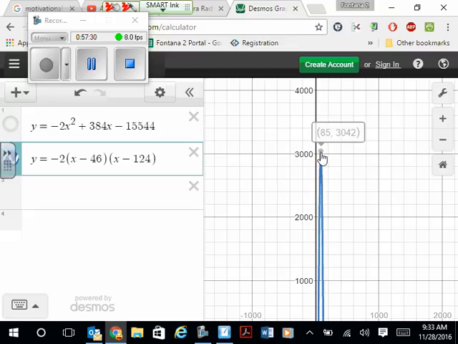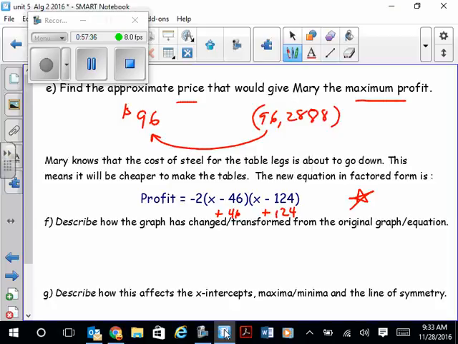So the X-intercepts are a smaller number. They probably should have put this one down so we can write down the X-intercepts first. What was the maximum? Was it 85? Yes, and 3,042. All right, close.